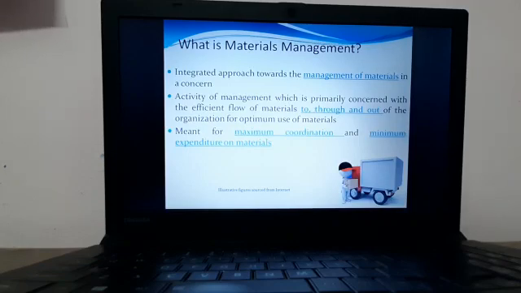So we are supposed to have efficient flow of materials to, through and out, and we ensure the optimum use of materials. It is meant for maximum coordination of all these activities, as well as keeping in mind the minimum expenditure over the materials.